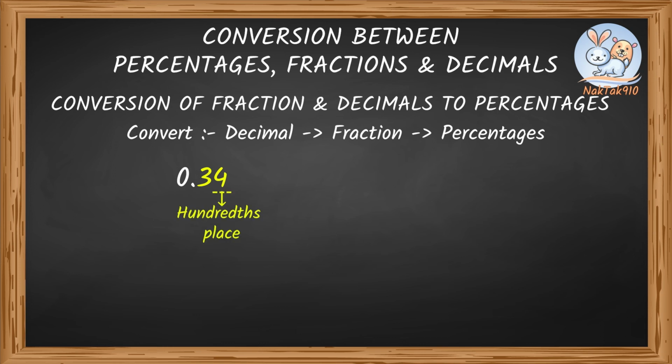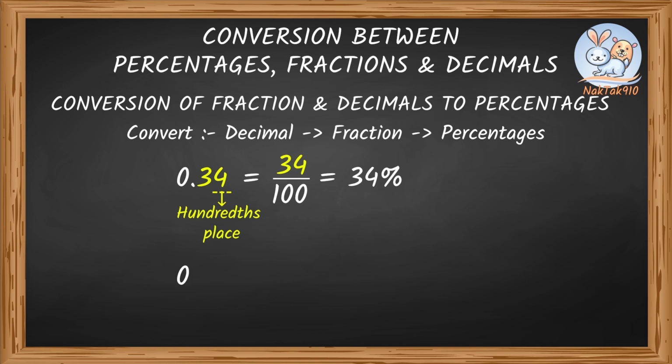So, the denominator will be 100 and the numerator will be 34. So, 0.34 equals 34 by 100. Now that you have the fraction with 100 as denominator, percentage is the numerator, isn't it? In this case, 34%.